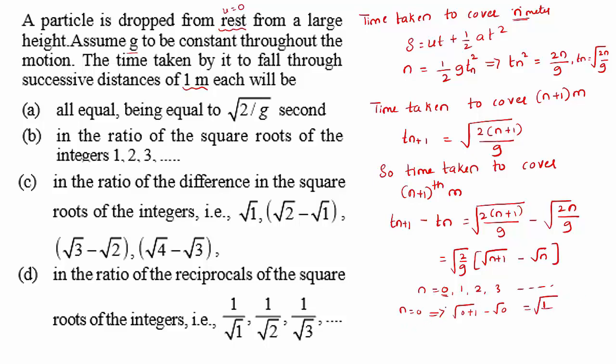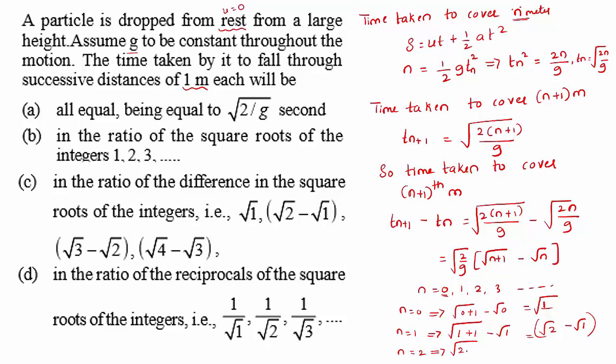So root of 1 is 1. Then similarly we can substitute n equal to 1. What can we get? In place of n we write 1, so root of 1 plus 1 minus root of 1, which is equal to root 2 minus root 1. Right? This is for n equal to 1. Similarly for n equal to 2, substitute the value.